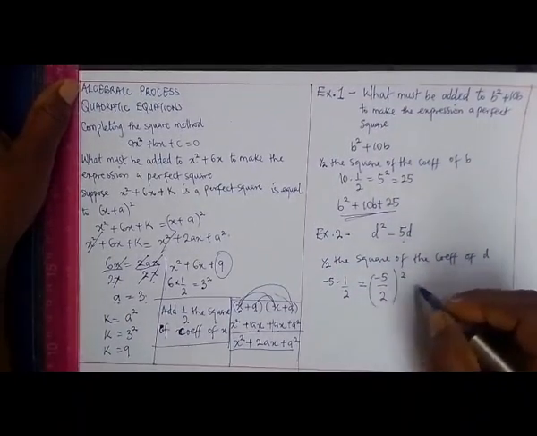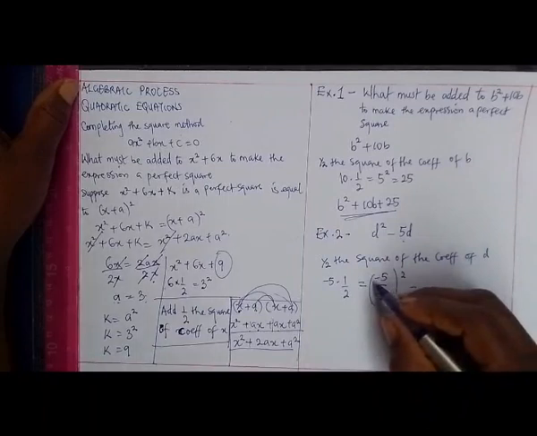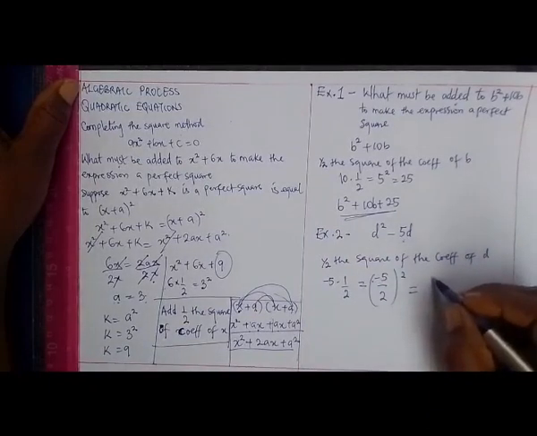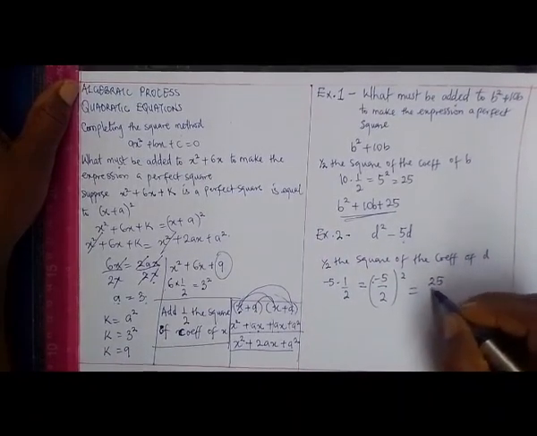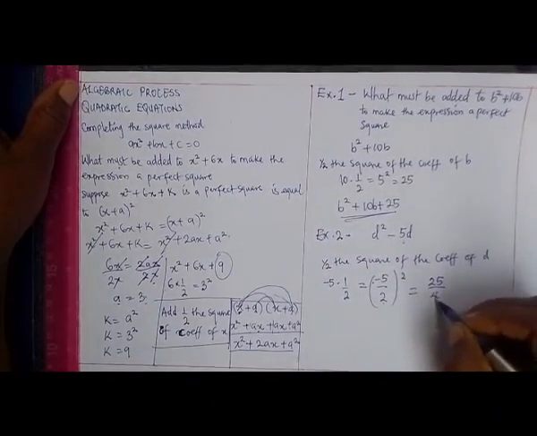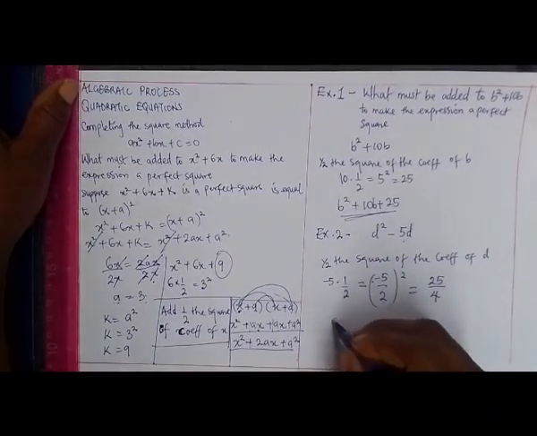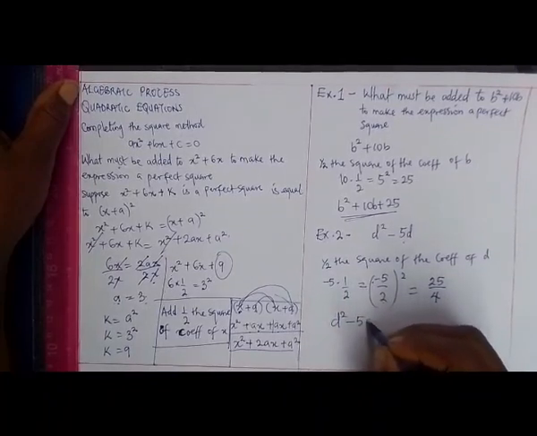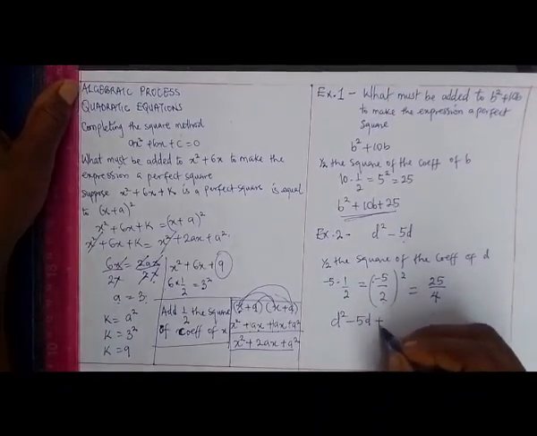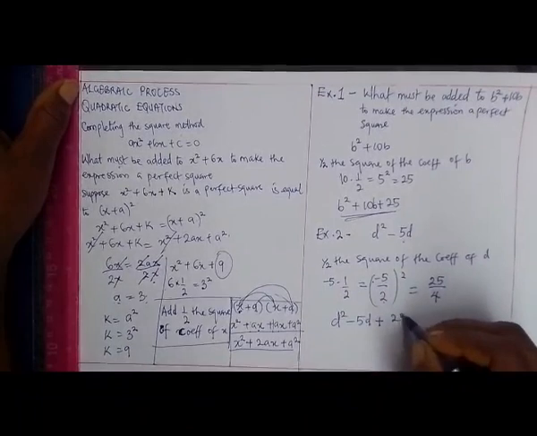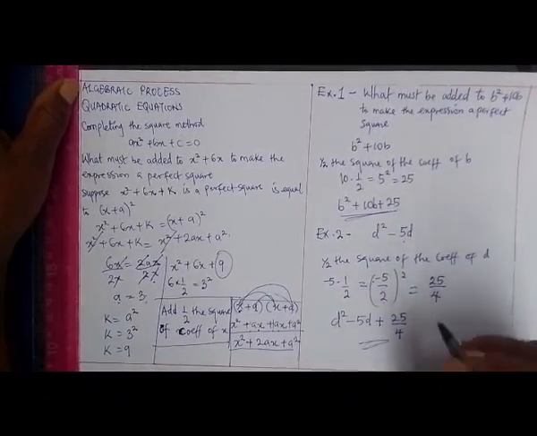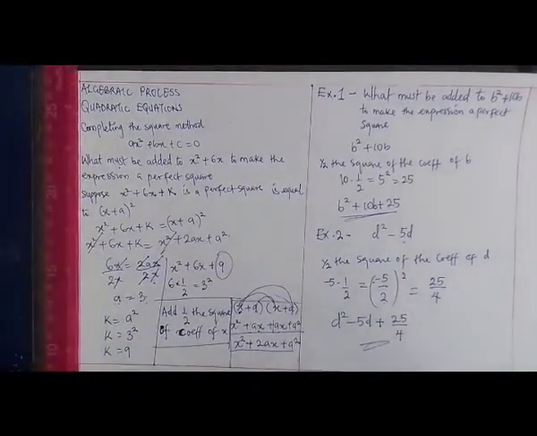You square everything. Once you square a negative number, it becomes positive. So we have 25, and the square of 2 is 4. So what must be added to d squared minus 5d is 25 over 4. That gives us the answer.